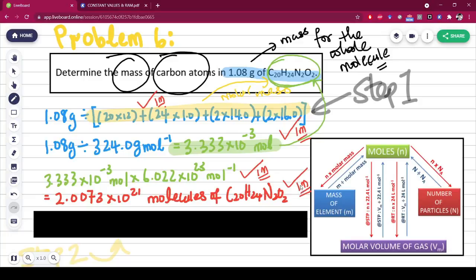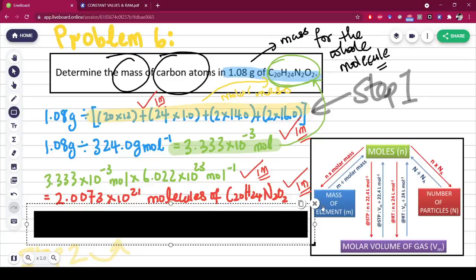But we're not done yet, because we want to find out the mass of carbon atoms. So from here, we will be able to know how many carbon atoms are in one molecule of C20H24N2O2. Yes, your guess is exactly right.